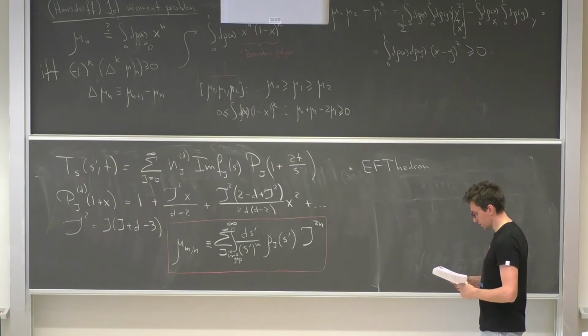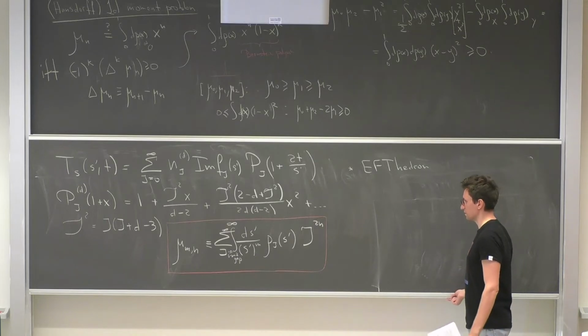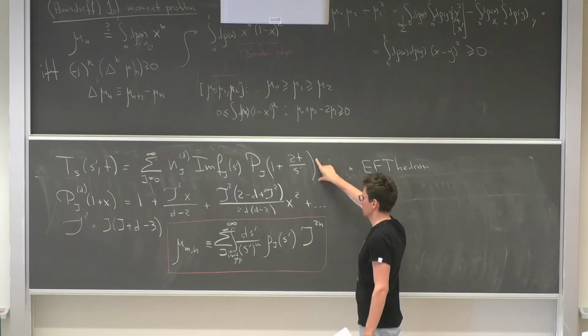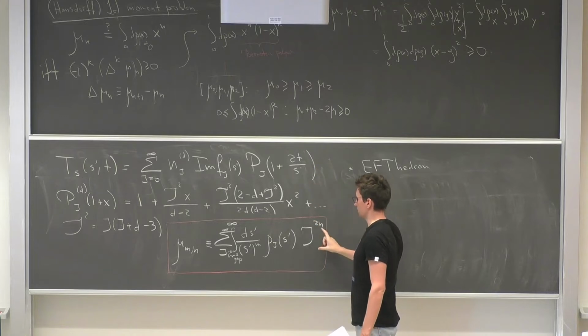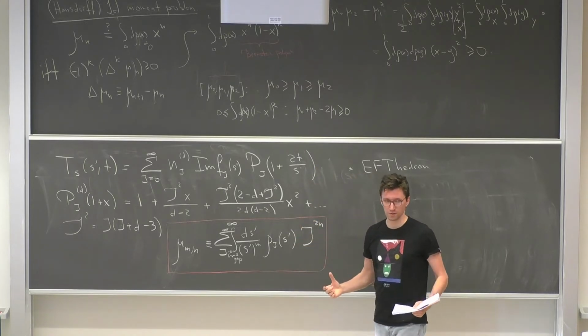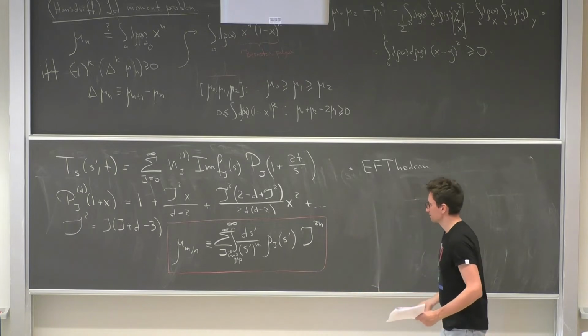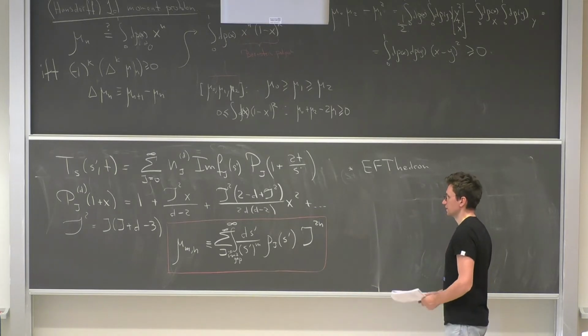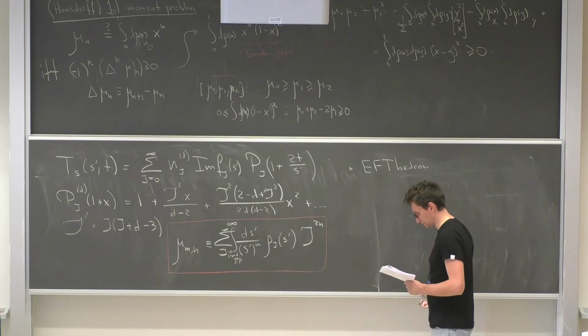So this is what is known as the EFT-hedron. It's just a statement that if you start with dispersion relations and you study their expansion at low energies, you have this 2D moment problem, and there is a certain geometry that emerges. And then it's a task, what you can say about this geometry.